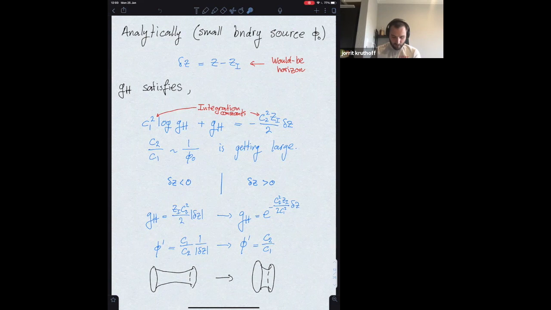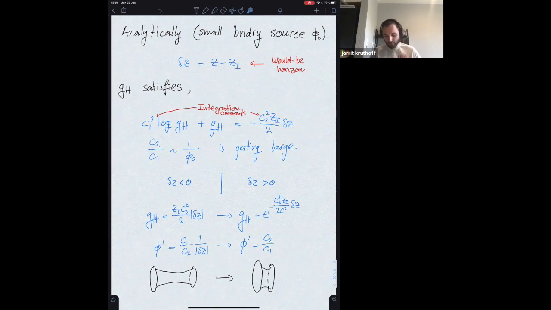And for the scalar field, similarly, the scalar field derivative has this particular behavior. So you would think that it's becoming large because delta Z is getting small, but actually because this C1 over C2 is also becoming very small, this derivative on this side of the collapse, so delta Z smaller than 0, is actually not that big.